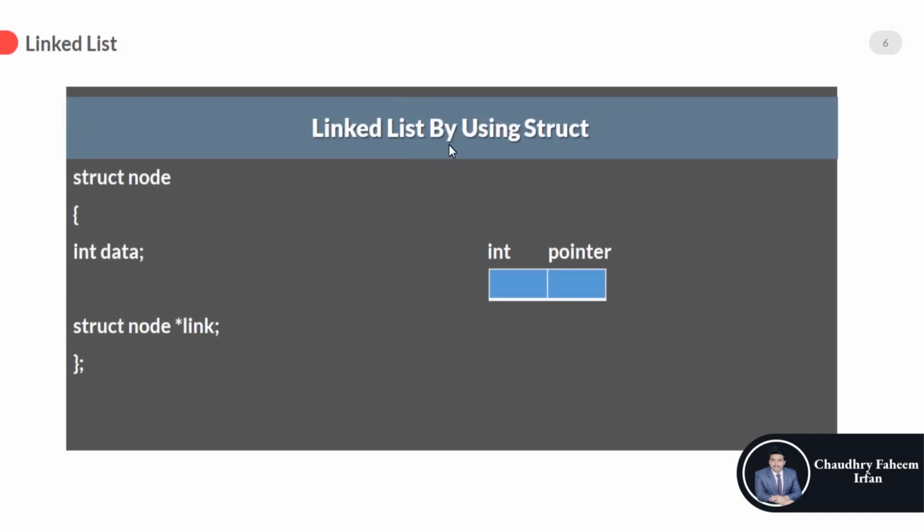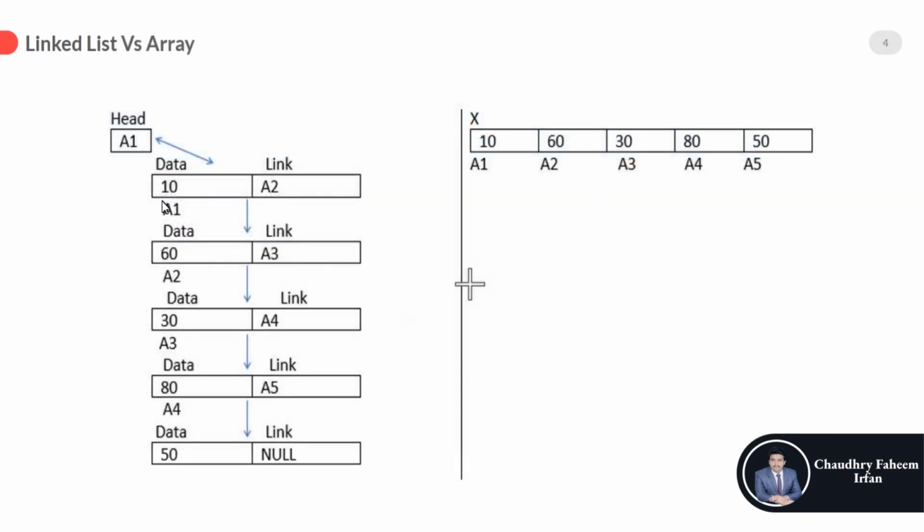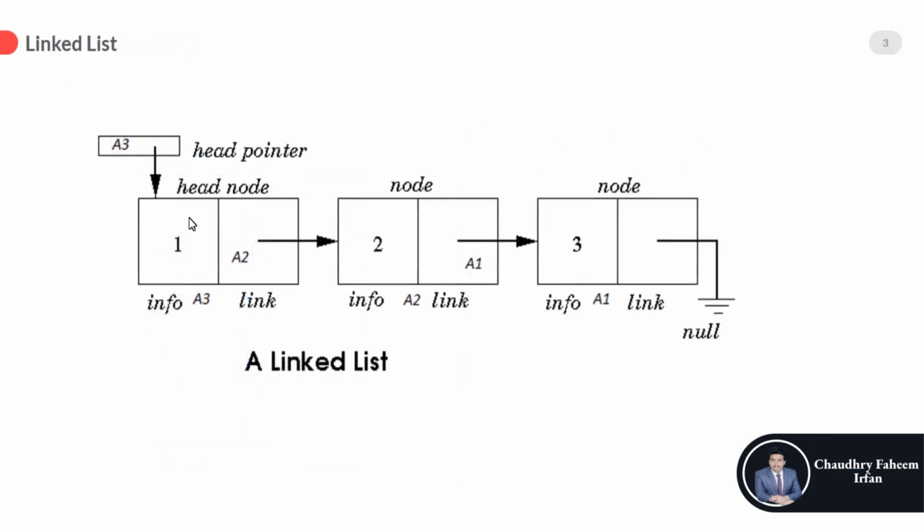Linked list by using struct. So we can create a struct. Struct is a data structure which contains multiple data type values. So int data means that we are going to store our information in the form of an integer, according to our pictorial form.